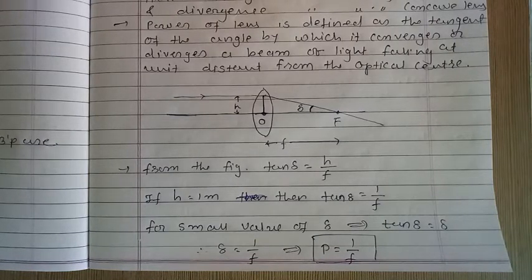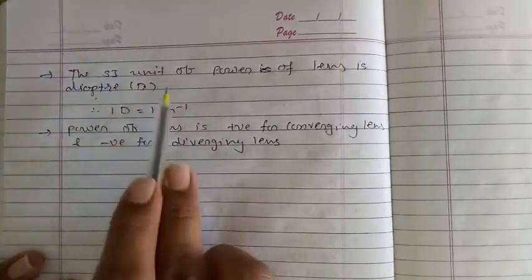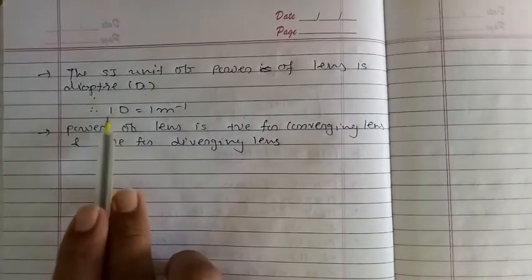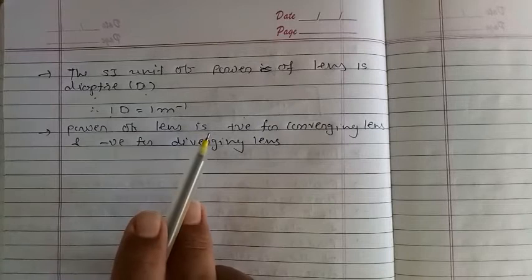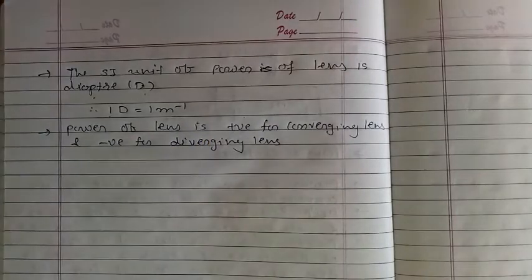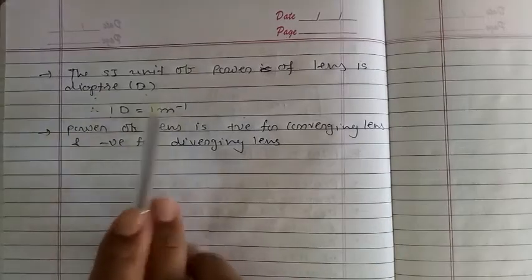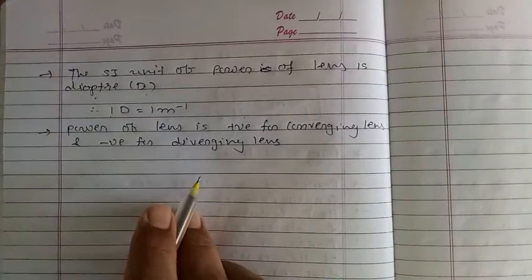So the SI unit of power of a lens is diopter, or meter inverse. So we can write that 1 diopter is equal to 1 meter inverse. So we can also say that the power of a lens of focal length 1 meter is 1 diopter.